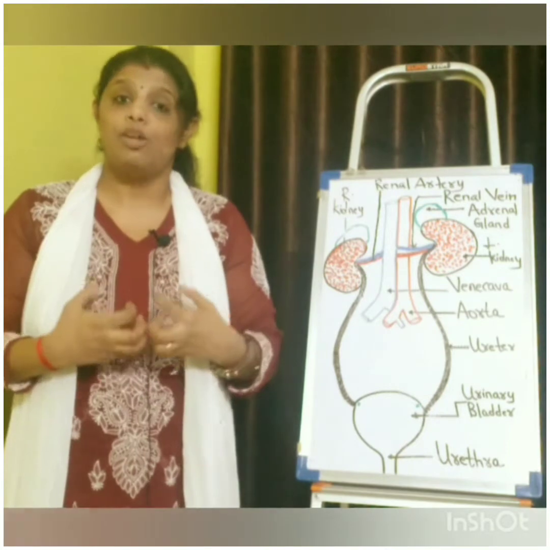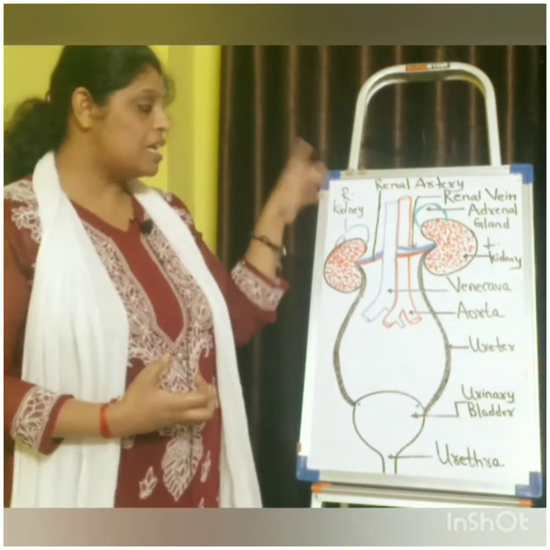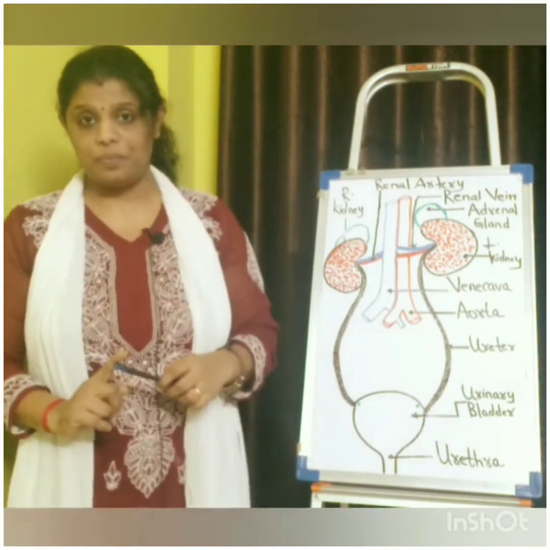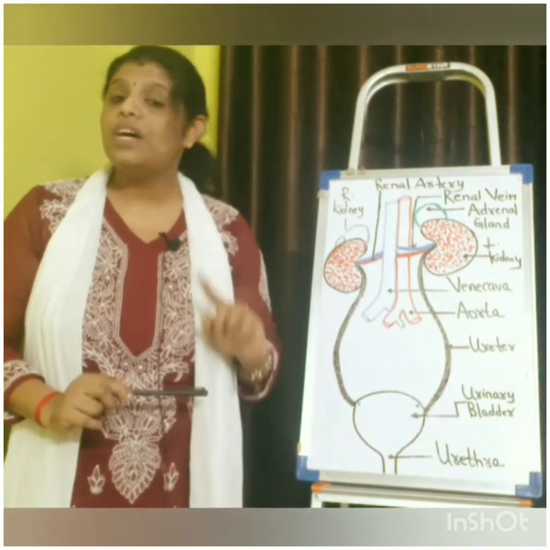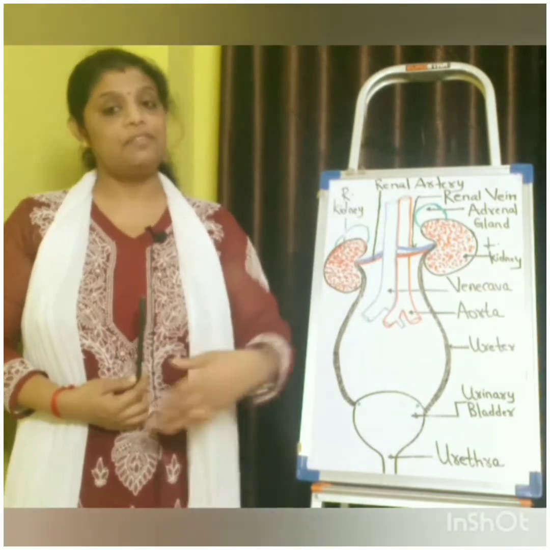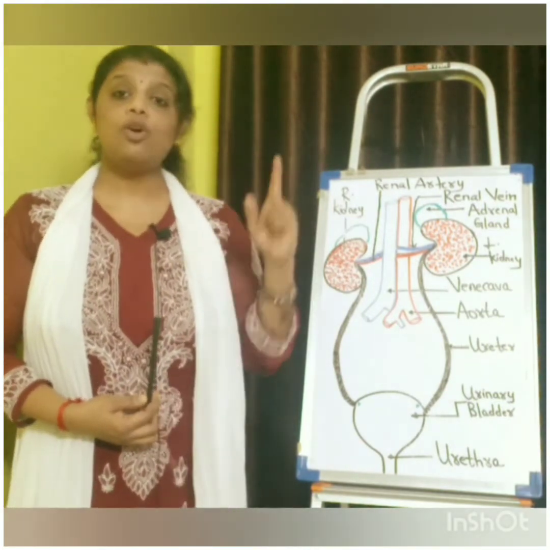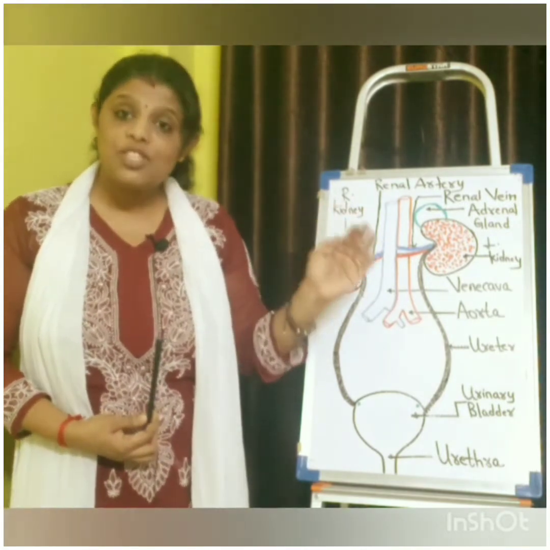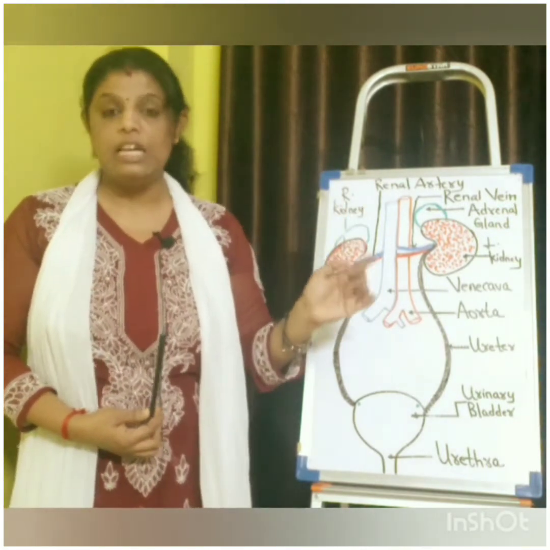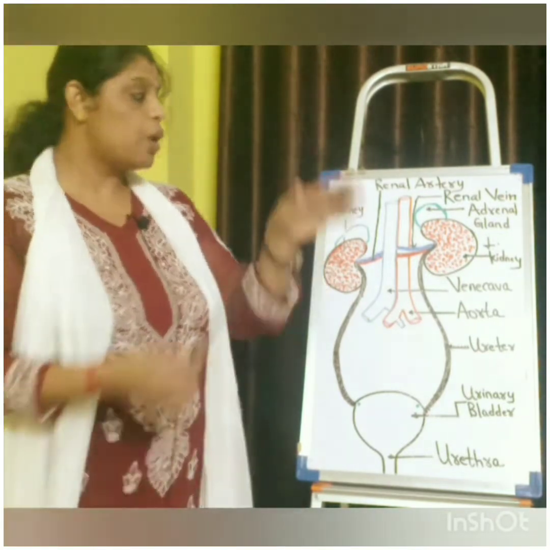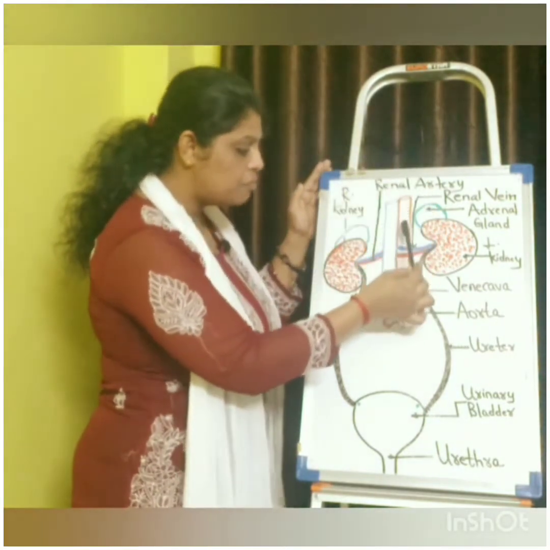So what is the aorta doing? The aorta is bringing the blood from the heart. From the heart, it takes blood to different parts of the body, different organs. It brings blood which is oxygenated and red in color, but it is unfiltered blood.